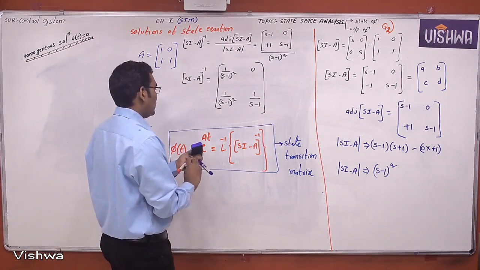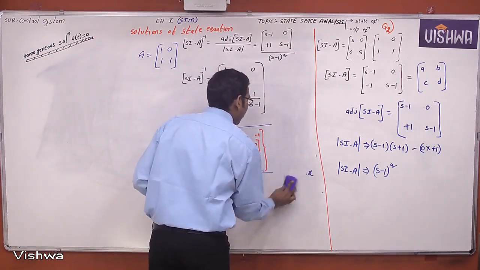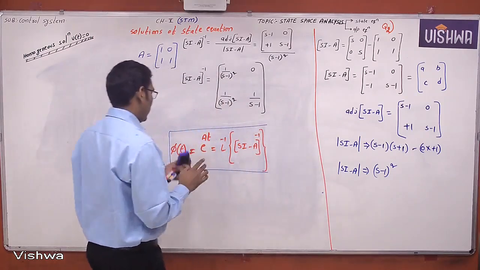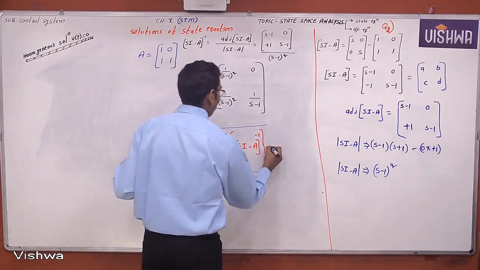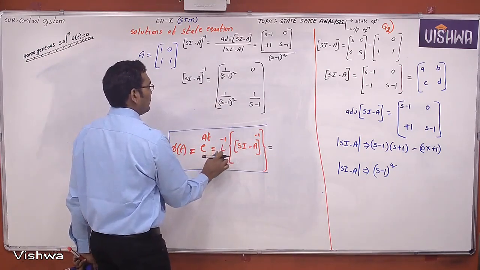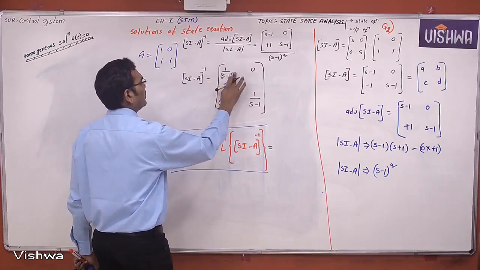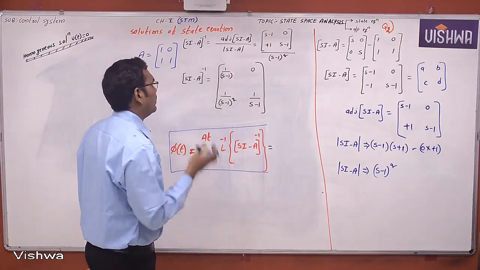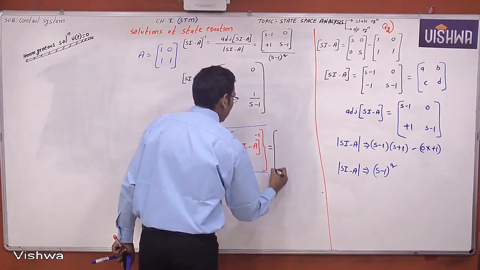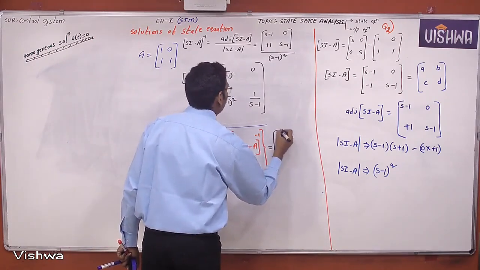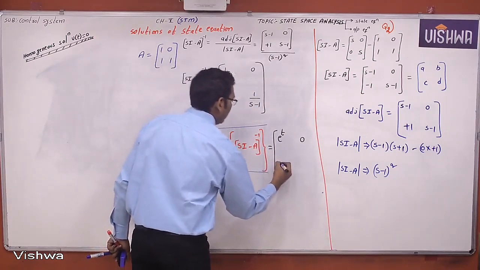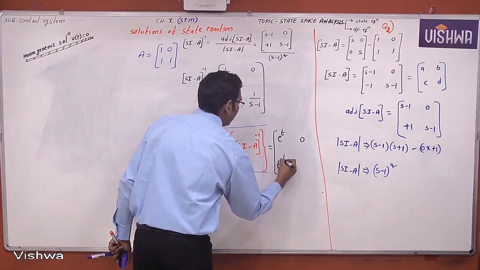Now this is the matrix inverse, and we take the inverse Laplace transformation of that. What is the inverse Laplace transformation of 1 by s minus 1? It is e power t. Then 0. Then 1 by (s minus 1) whole square gives t into e power t.